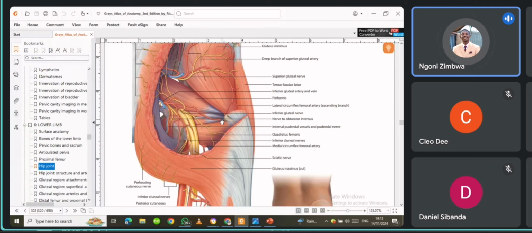When you injure the sciatic nerve before it supplies the hamstring, you're going to paralyze the hamstring. You're also going to have loss of sensation on the cutaneous skin of the leg, except the medial part that is supplied by the saphenous nerve, because the saphenous nerve is a branch of the femoral nerve, so it won't be affected.